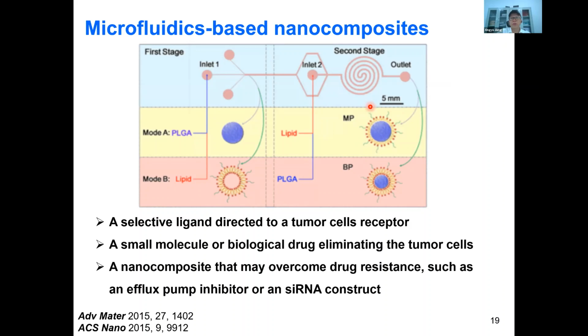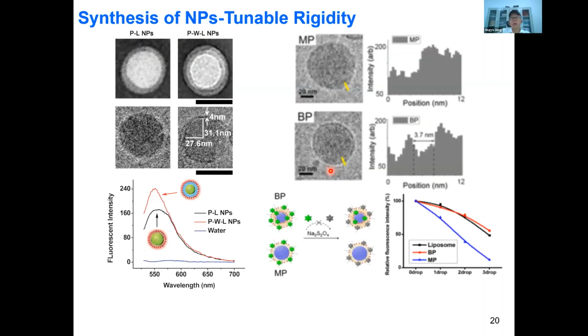I don't think I'll go into the detail as to why. But this type of particle is what we consider hard. This is soft because of the layer of water in between. And in the PLGA, you can easily introduce drugs that allow you to look at how drugs can become effective as therapy.